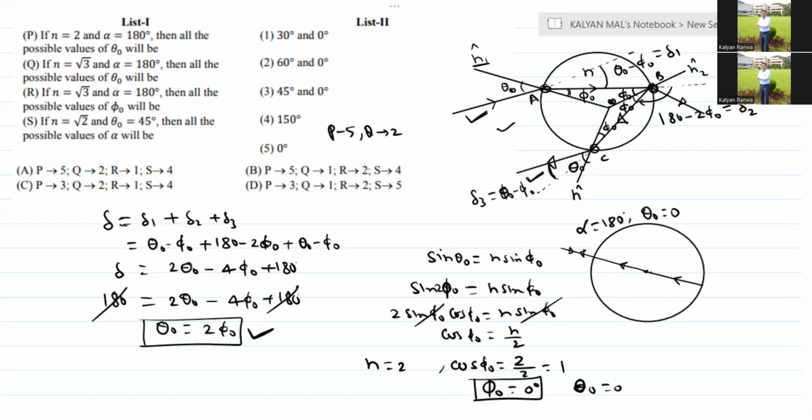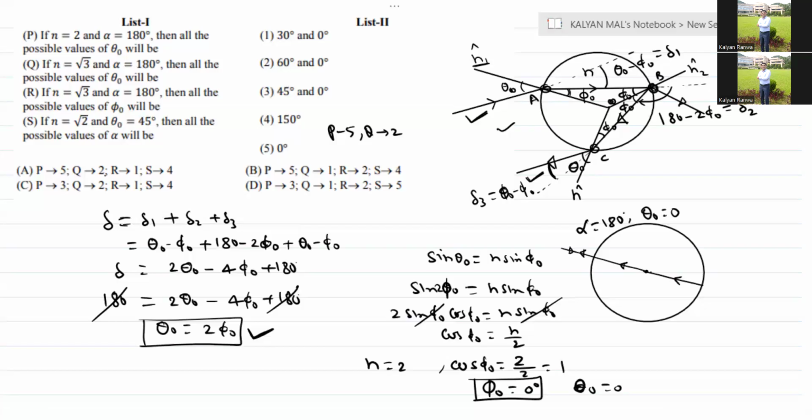But from the two options, we can judge which option is correct, because P matches with 5, and Q matches with 2. So there is only one option out of the four options where the option is matching. So there is no need to calculate the further options. So we directly pick option A.